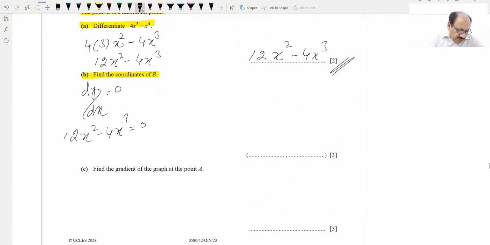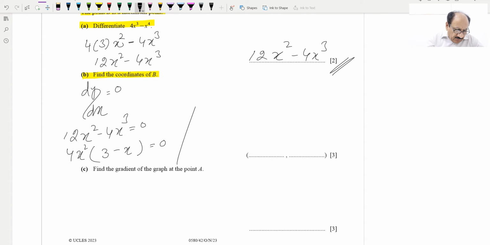Further we can simplify. We can take 4x squared common, so inside we have 3 minus x, because x cubed divided by x squared leaves only x. So 4x squared times (3 minus x) is equal to 0.